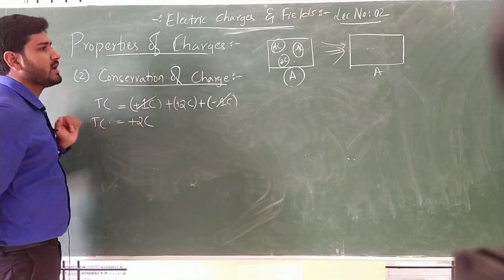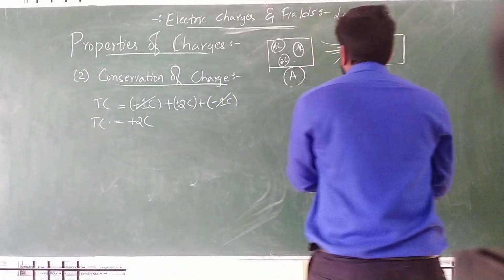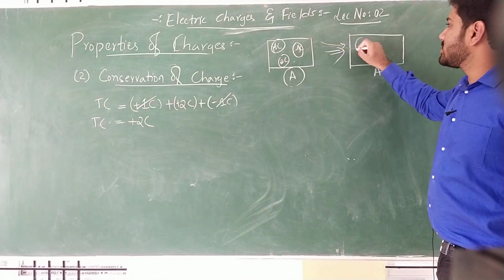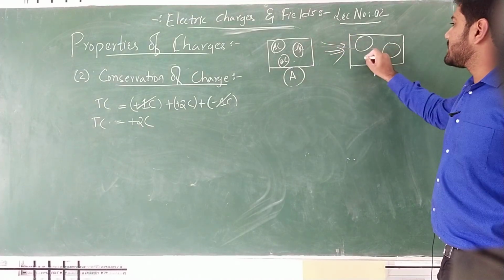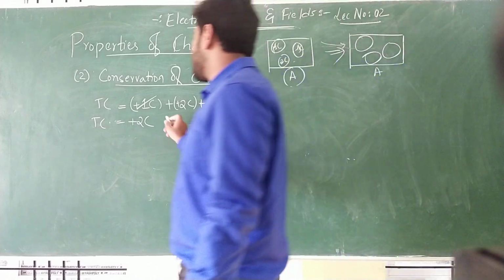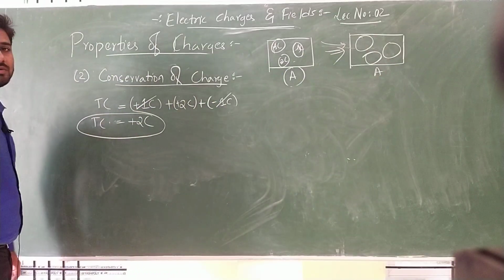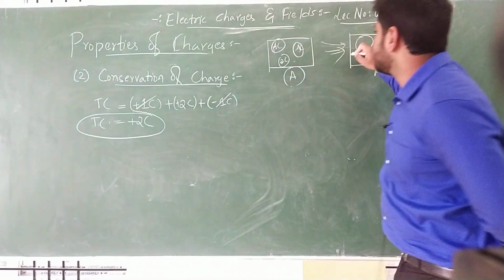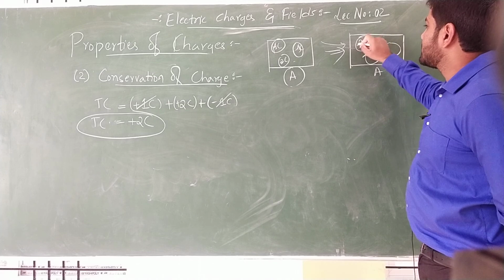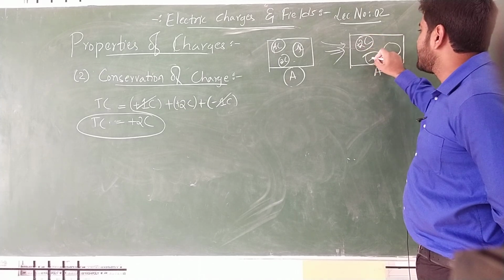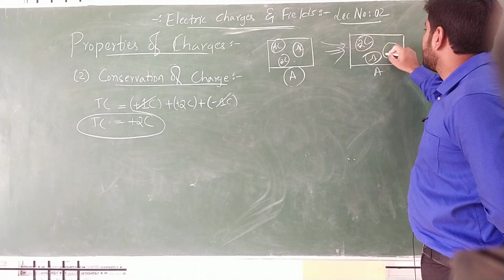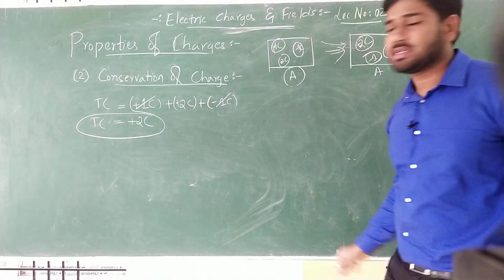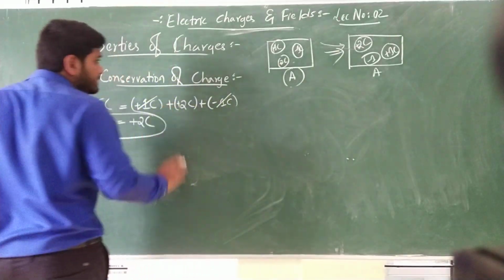After doing some work on the system, the total charge will be plus 2 coulomb. The individual charges may change, for example plus 2 coulomb, minus 1 coulomb and plus 1 coulomb, but the total charge will remain the same.